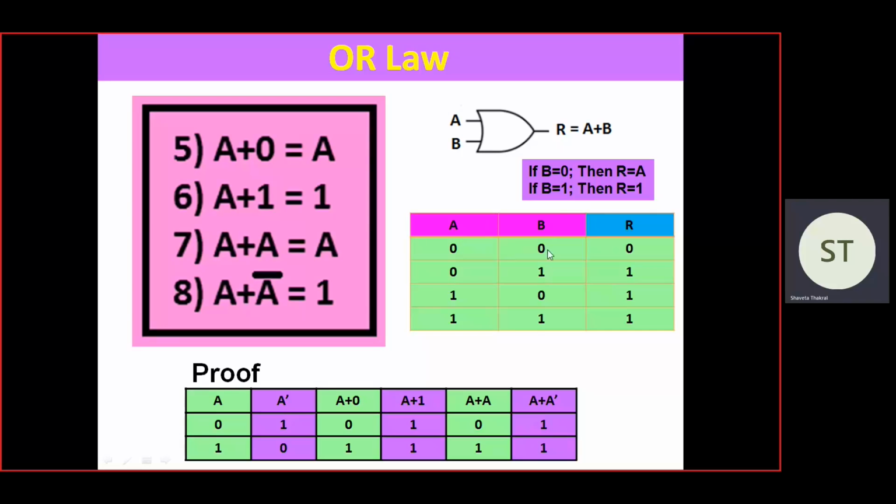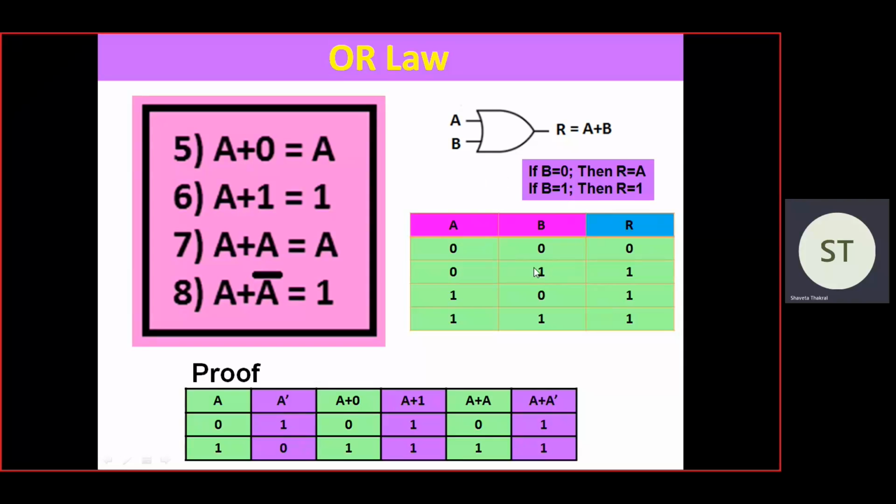If we put B as 0, like in the first case and the third case, R is equal to 0 if A is 0 and R is equal to 1 if A is 1. That means R copies A, or you can say A is passed to the output.